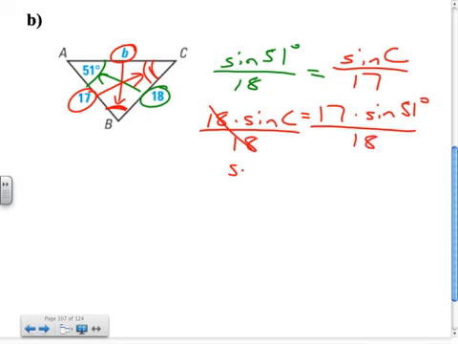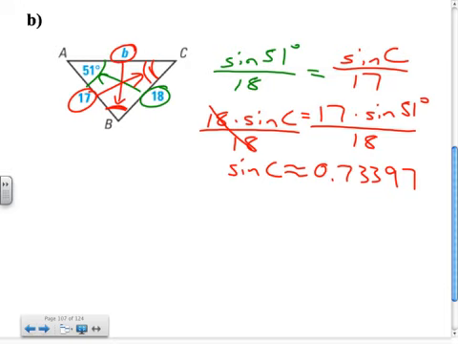And so the sine of C is roughly, and again at this point just plug and chug into your calculator. Okay, so I have 17 times the sine of 51 divided by 18, and I got the sine of C to be roughly, and I would round to quite a few decimal places here because we want to be as accurate as possible, 0.73397. Okay, we'll round to 5 decimal places.